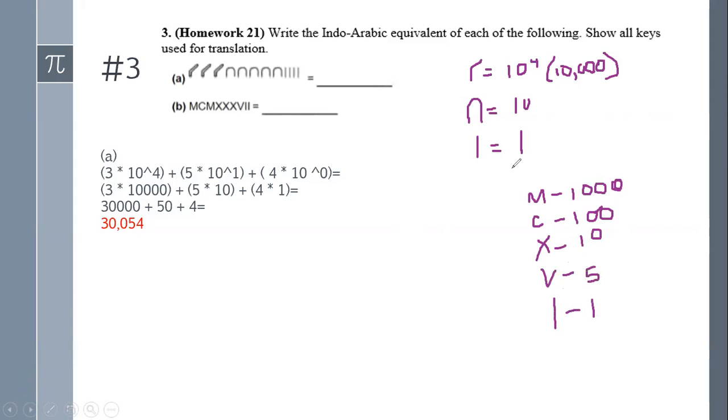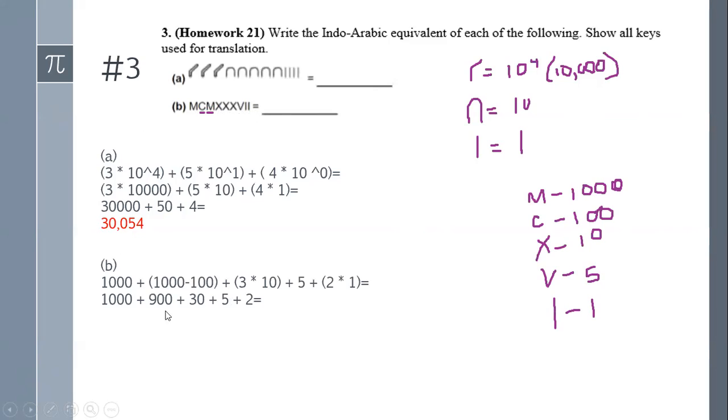But the thing is, usually you see them decrease from largest to smallest. Well, you see the C is in between 2 M's? That means we're going to subtract this C from that M. So it's going to look like 1,000 plus 1,000 minus 100 plus 3 times 10 plus 5 plus 2 times 1.